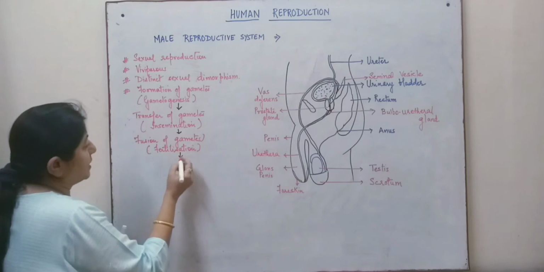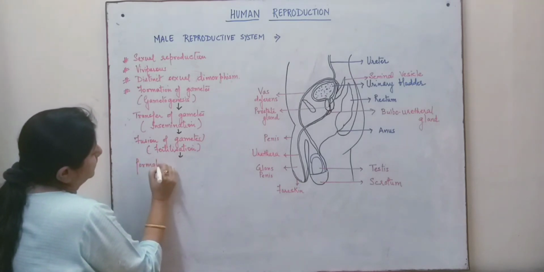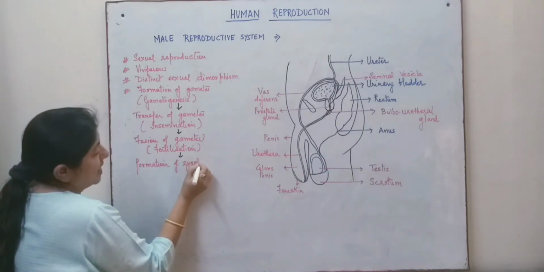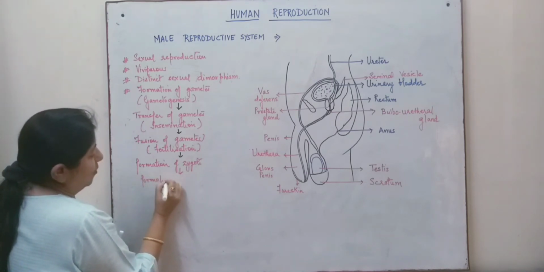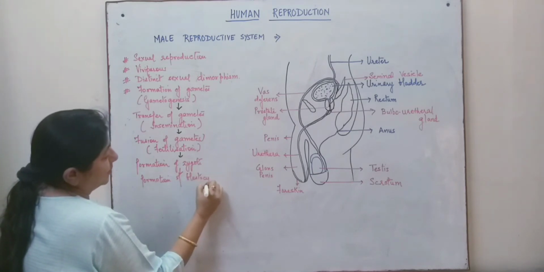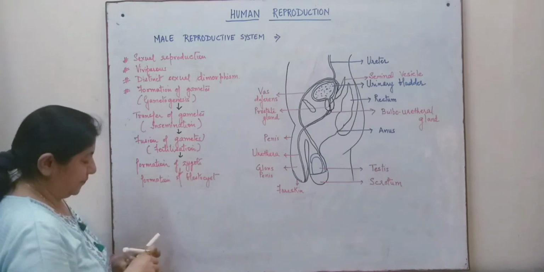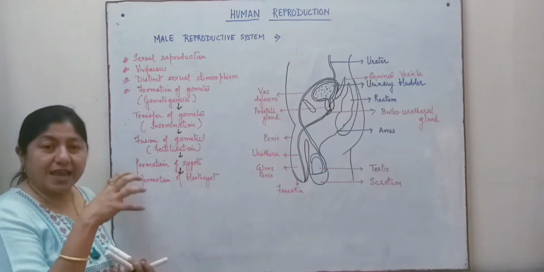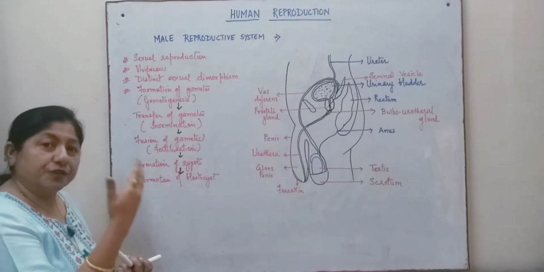So let me write over here, the fertilization leads to the formation of zygote, and that leads to the formation of blastocyst, and this blastocyst has to reach the uterus and get fixed or embedded in the uterine wall for its further development.